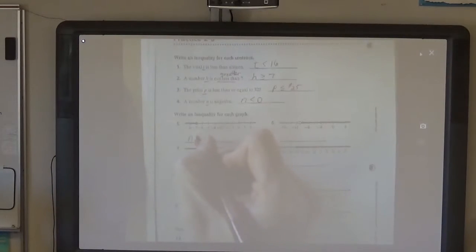And we can use the same direction as the shaded part. It's pointing to the left. But it has a solid dot, so we have to use the equal to sign under it and then write the number. So it's just like the other side.